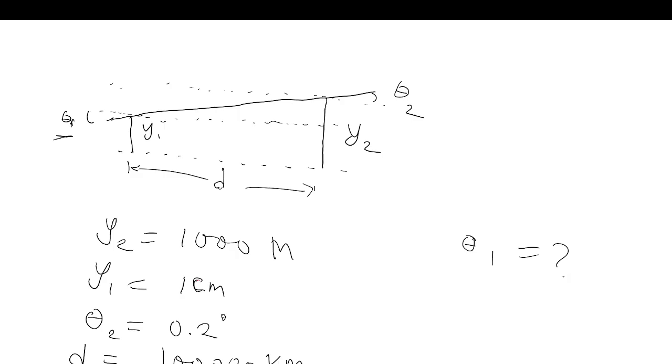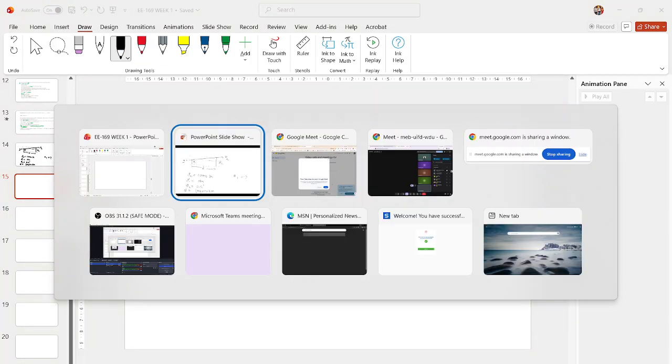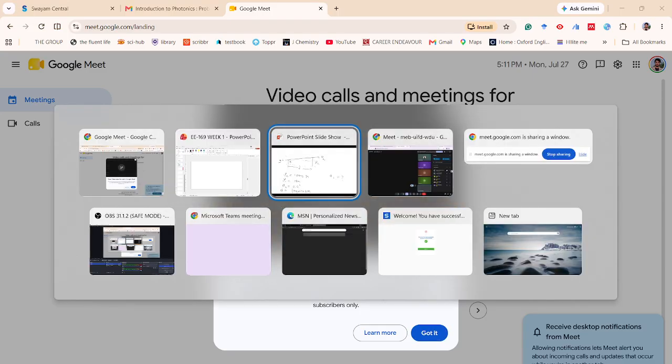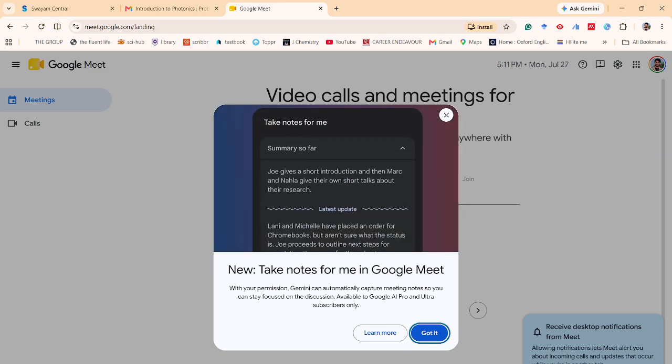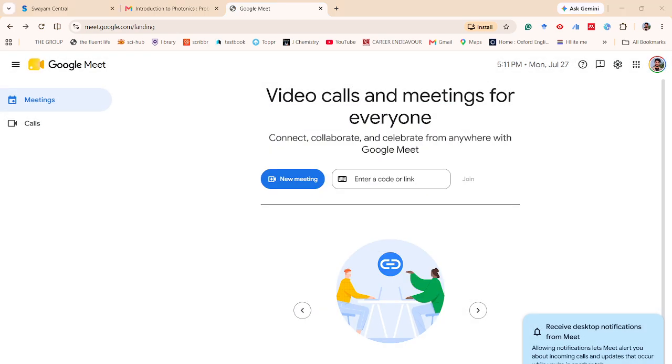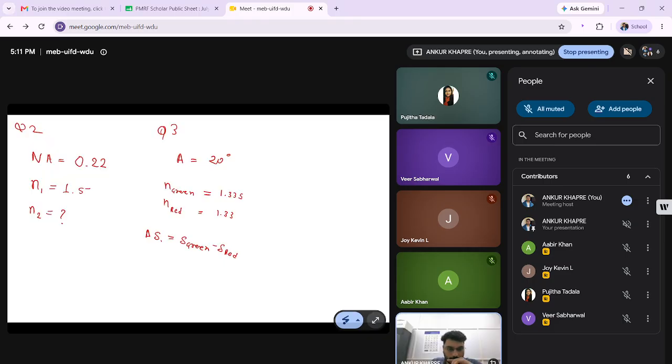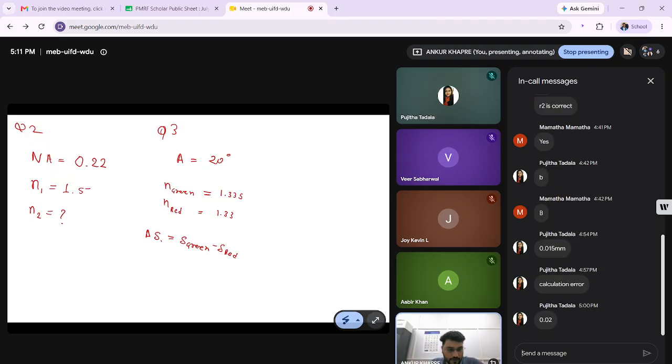Then question number 4. First you try this, then step by step we will go. Let's try this. We can comment the answers also quickly.